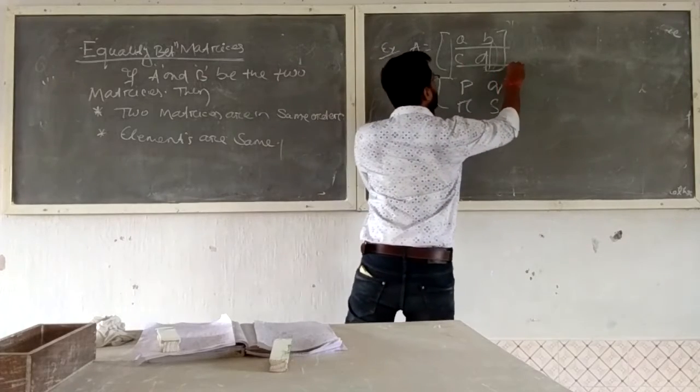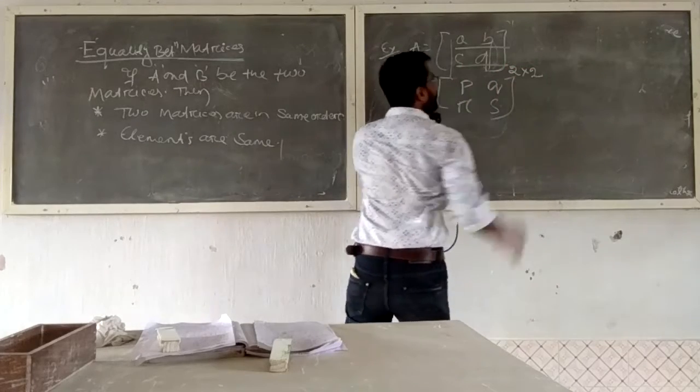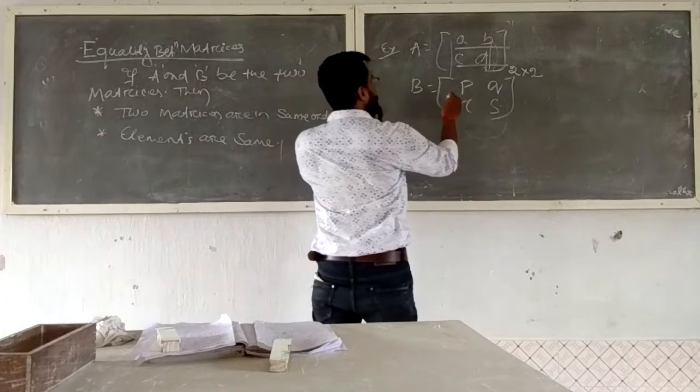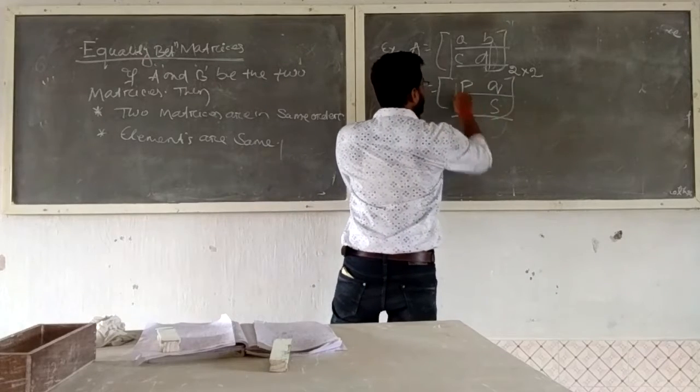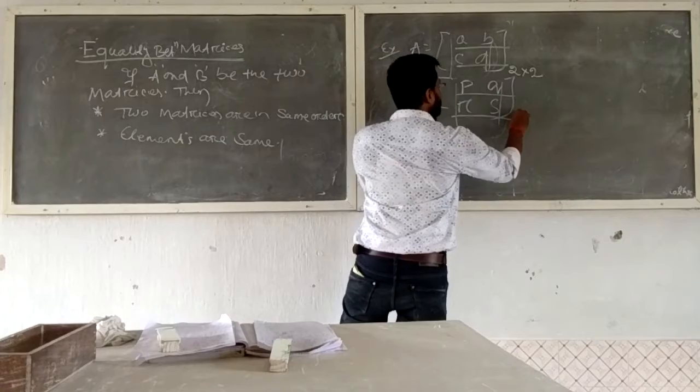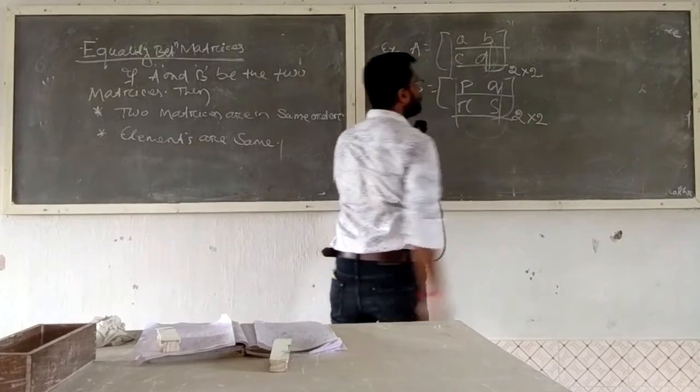That is, the matrix is of 2 by 2 order. Similarly, matrix B also has two rows and two columns, so it is also 2 by 2 order.